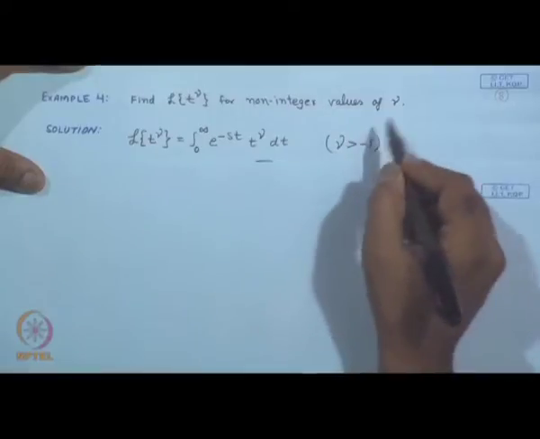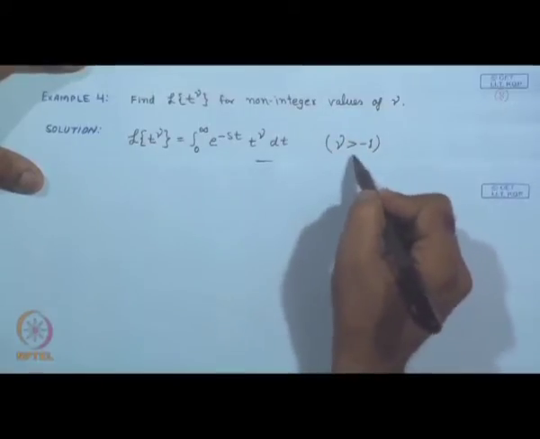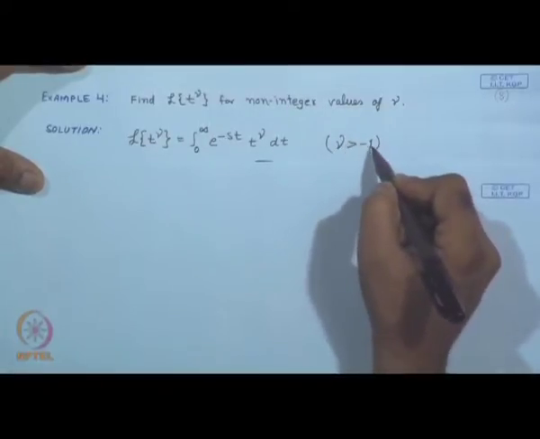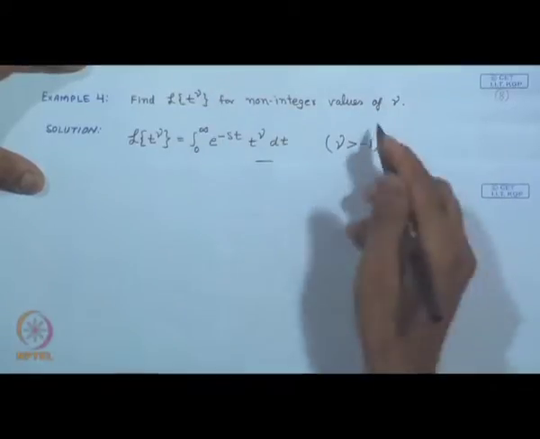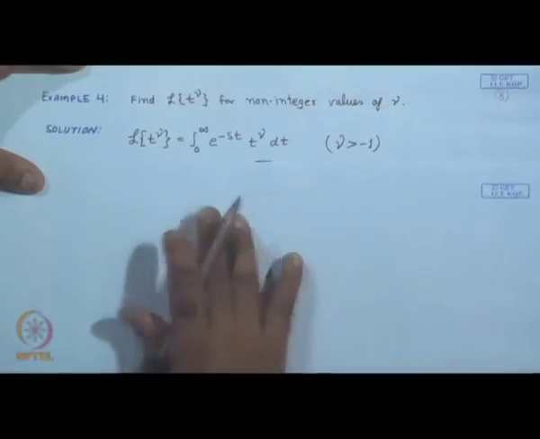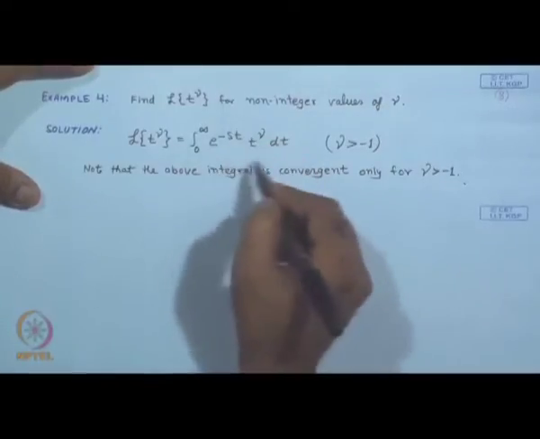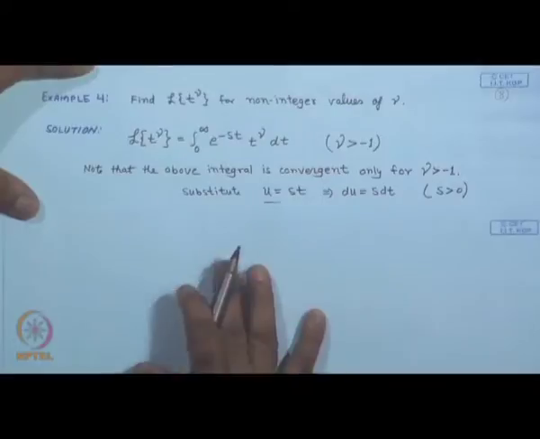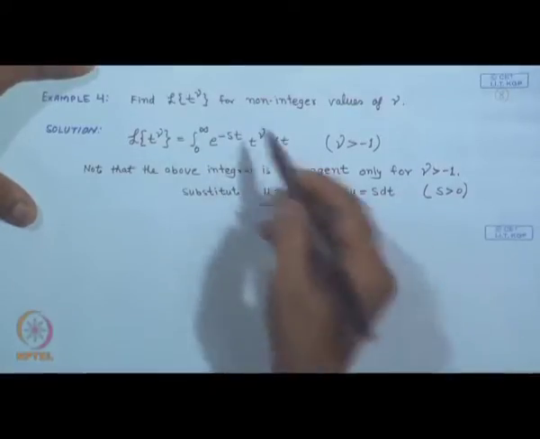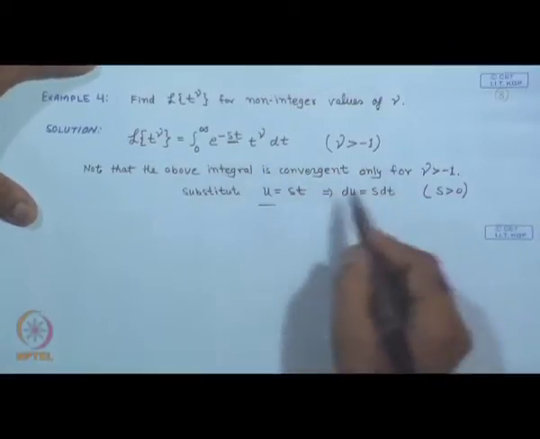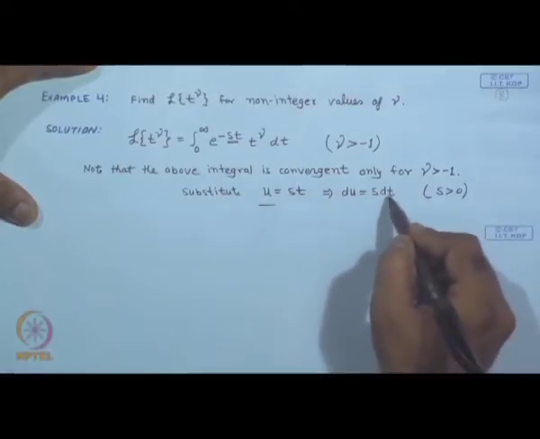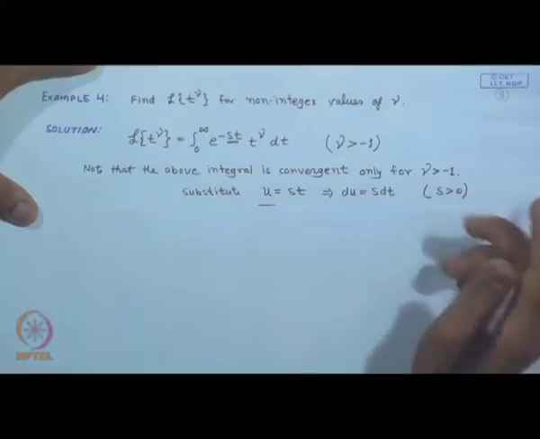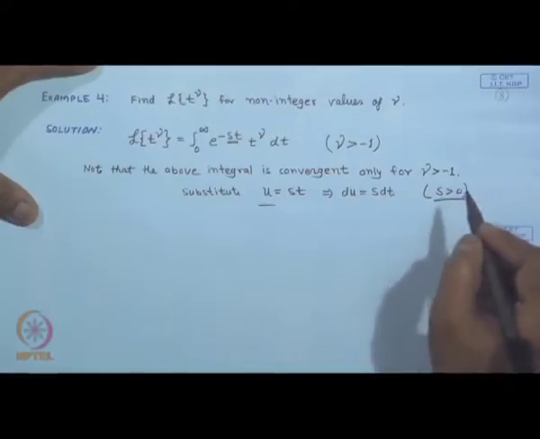This is very important, because only for these nu, when nu is greater than minus 1, this integral converges. So, we should have this nu greater than minus 1, otherwise this does not make sense. So, now we substitute this st to a new variable u, and then we get du is equal to s dt, and for simplicity we assume that s is real and positive.